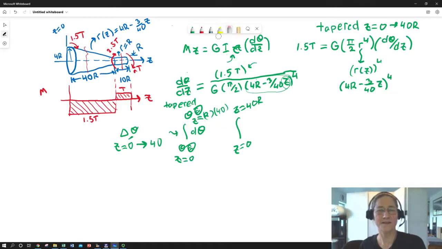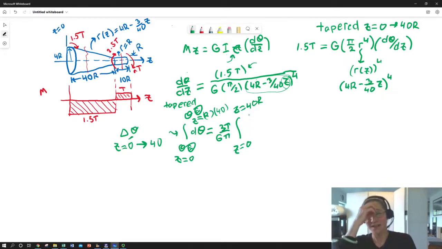let's move all the constants out of the integral. It's going to be a crowded integral in there. Let's do 3t over pi, doing a little algebra there with my t and g as constant. We're not going to change the material as we go down the taper. When would that change? A continuous change down the material is very unlikely for shear. The only thing I could think possibly might do it would be some kind of gradient reinforcement composite.